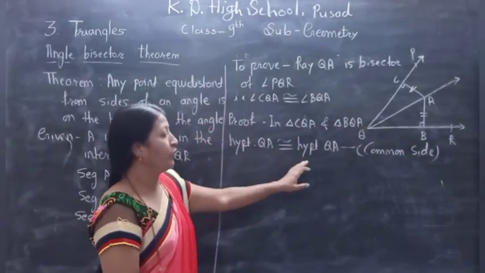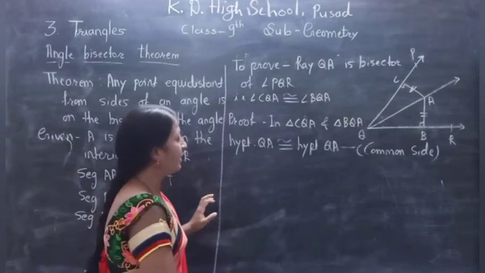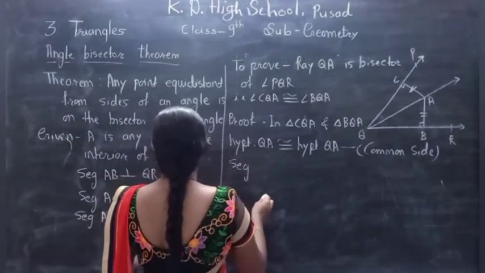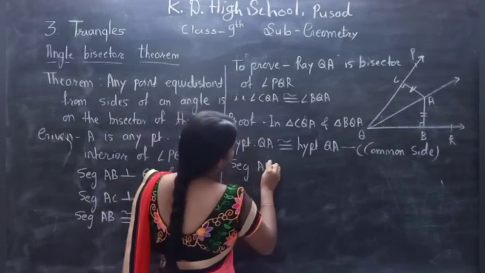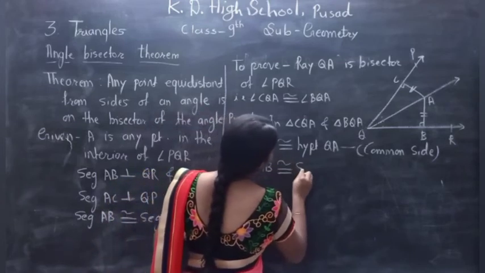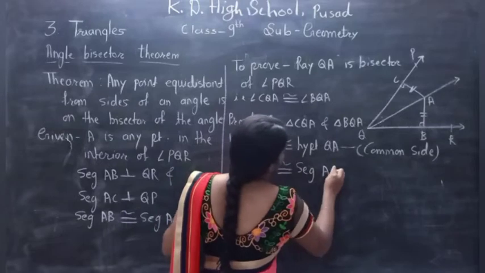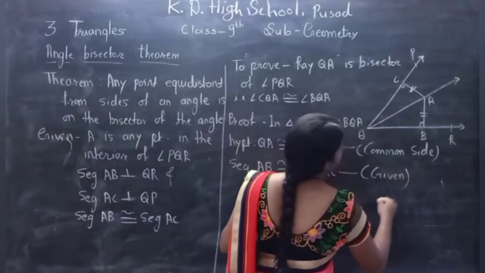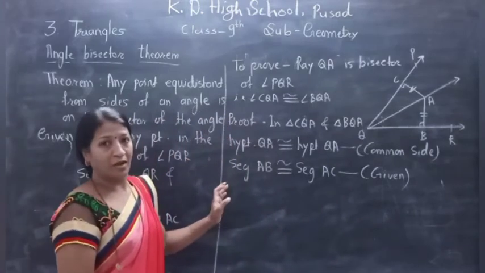And next, segment AB congruent to segment AC. That is the given. Very simple theorem which is asked for 3 or 4 marks.